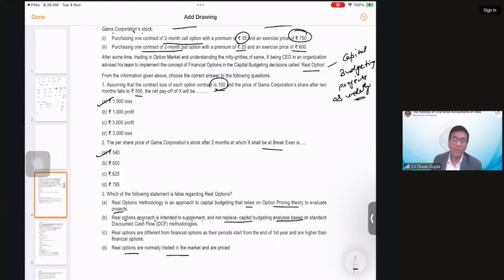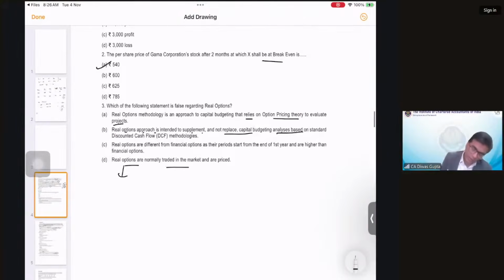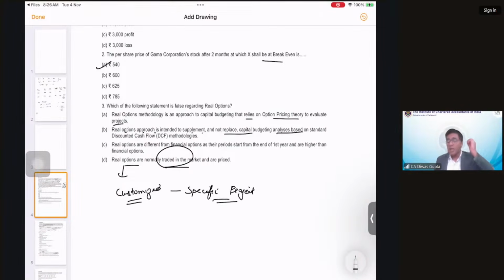Now, students, if you remember, we said that the real options are not traded in the market. Reason being, they are highly customized. They are for a specific project, right? A capital budgeting project.